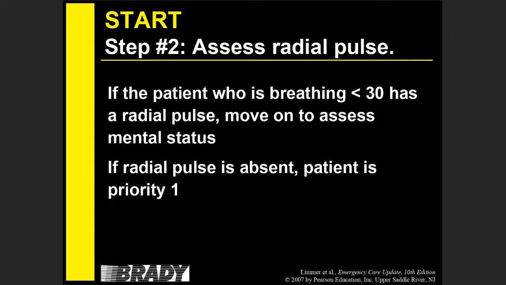So let's say that patient is breathing less than 30 times a minute and has a radial pulse. They have a radial pulse, assess the mental status. If they're breathing less than 30 times a minute and you cannot detect a palpable radial pulse, however, well, remember, when you can't detect a radial pulse, what is that a possible sign of?